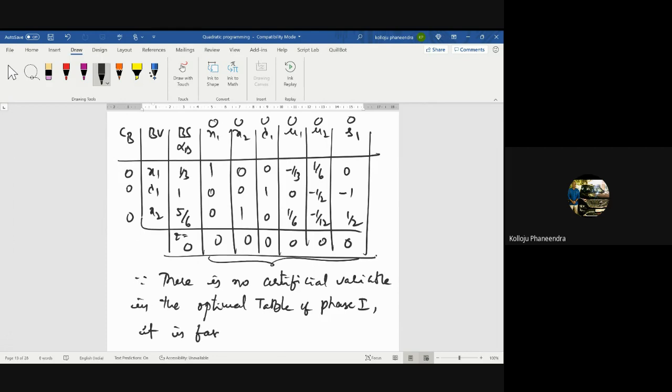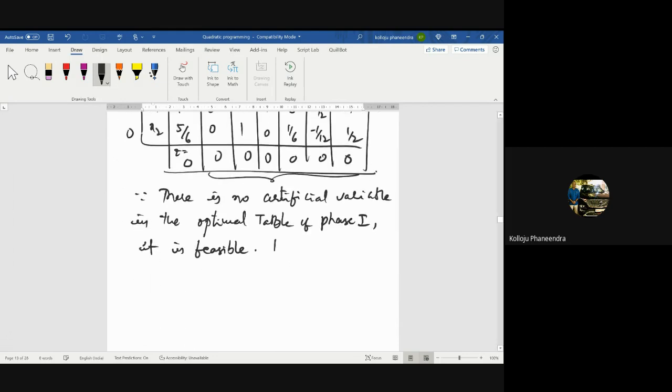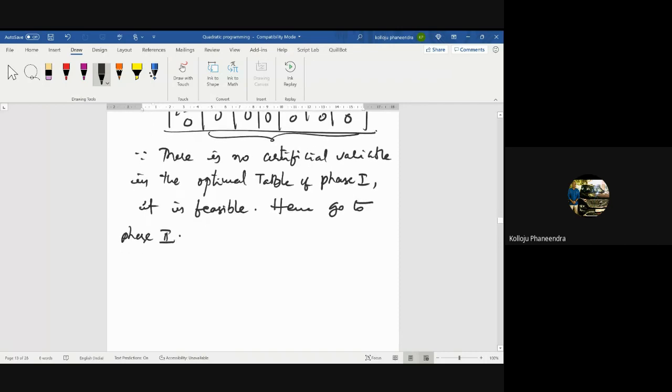Phase 1 is feasible. Feasible means what? It possesses a solution. Hence go to phase 2. If I apply phase 2, we are getting the solution directly.